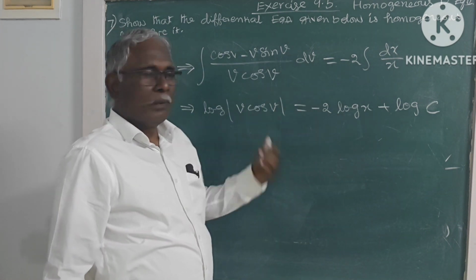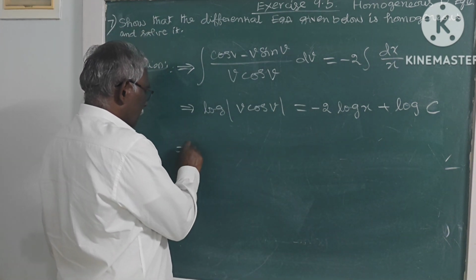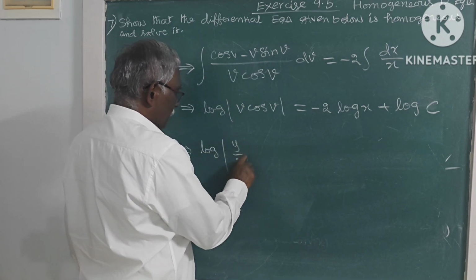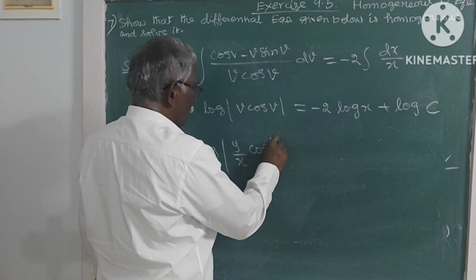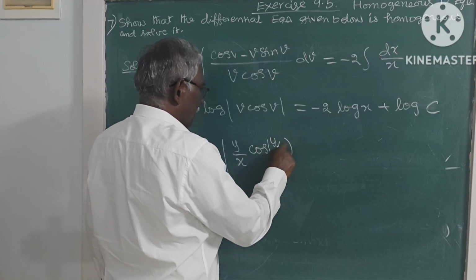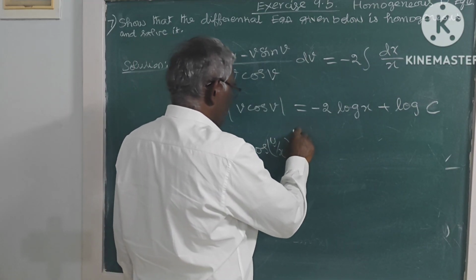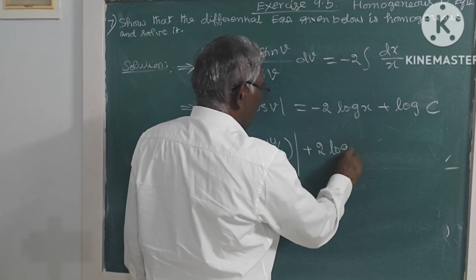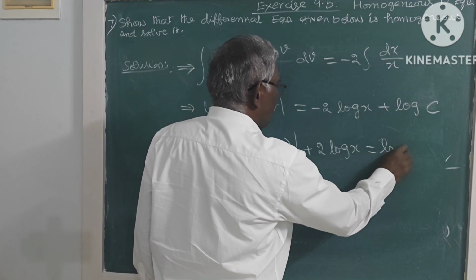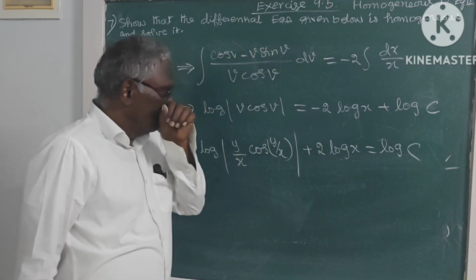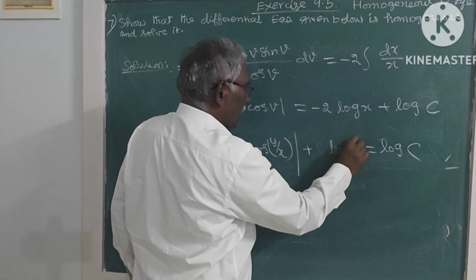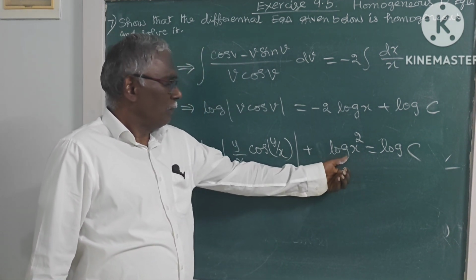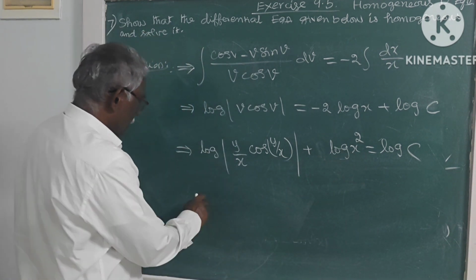Take this term to the left hand side. Log of y by x cos y by x plus 2 log x is equal to log c. 2 log x we can write as log x square. Log m plus log n is log mn.